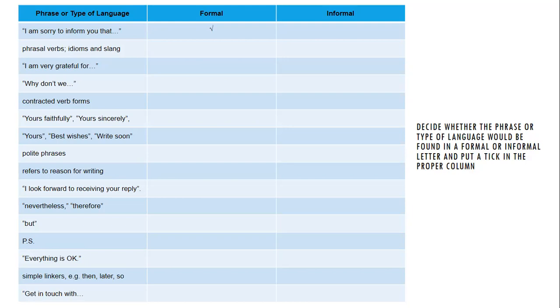PS. Formal. What is the meaning of PS, guys? Lupa. Can you check in your internet PS in letter? What is it?